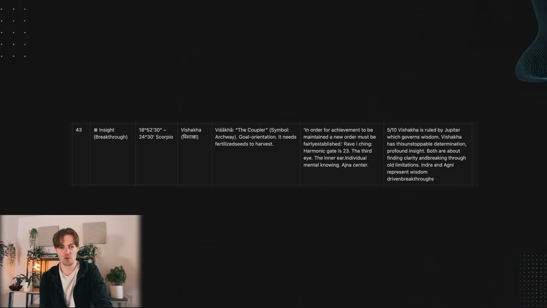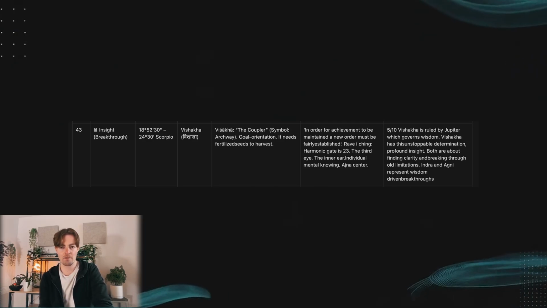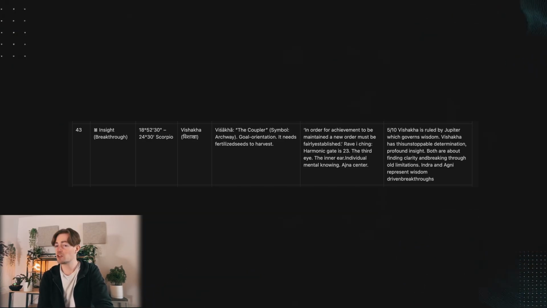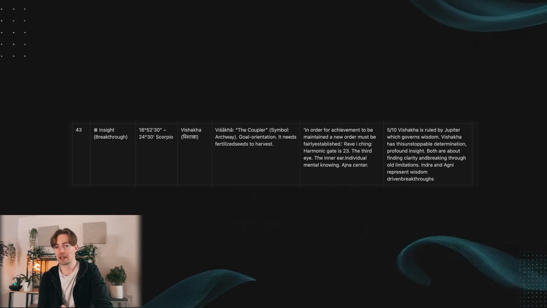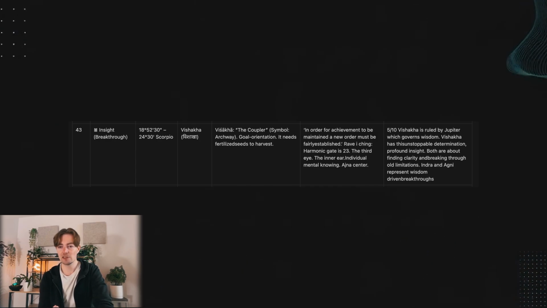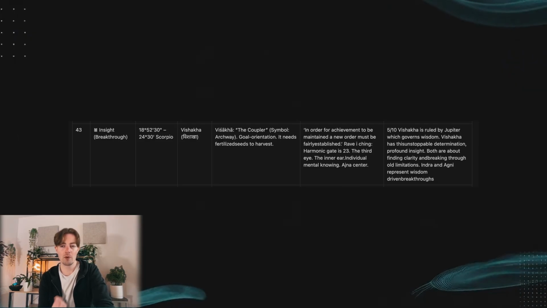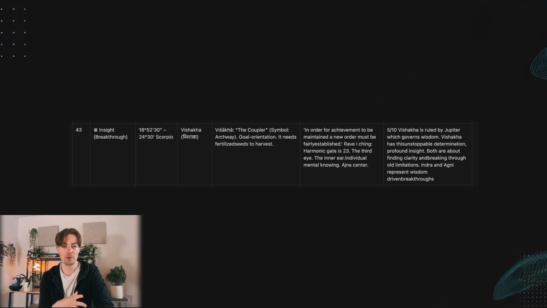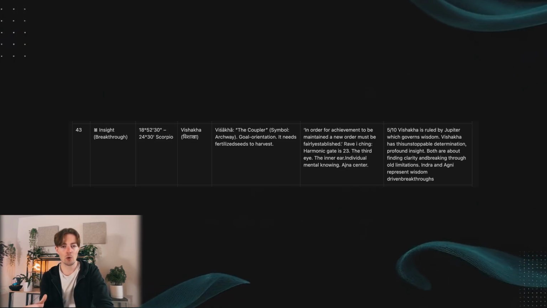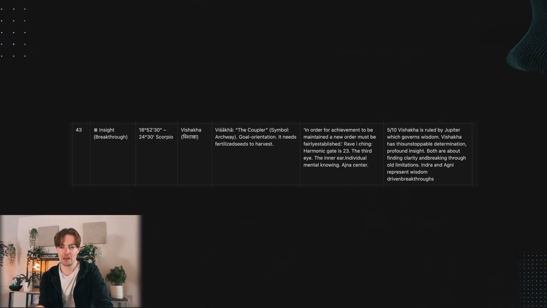I don't think it's got a strong link to the Vishakha nakshatra. It's ruled by Jupiter, which does govern wisdom, which is about insights. Vishakha has an unstoppable determination and a profound insight. Both are about finding clarity and breaking through old limitations. We've got breakthrough and this goal orientation in Vishakha.